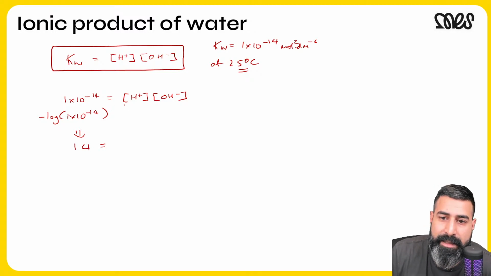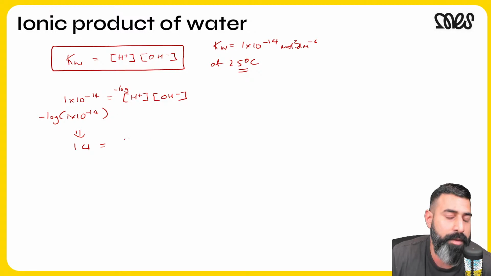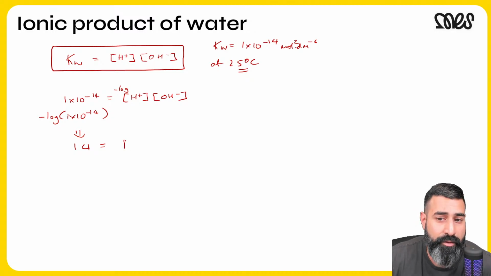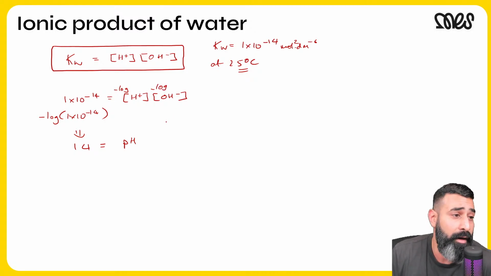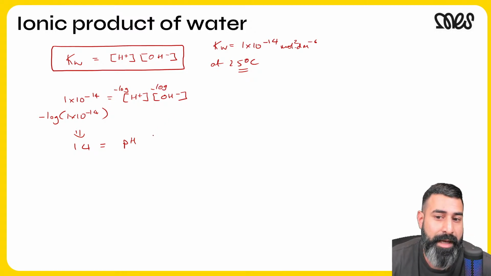Now, if you take the negative log of the hydrogen ion concentration, what quantity do you get? Well, the negative log of the hydrogen ion concentration is equal to the pH, right? And you can look at your log rules here. I'm not going to convert this into a maths lesson, but if you take the negative log of the hydroxide ion concentration, any ideas what you're going to get? You're not going to get pH, but you are going to get P something.